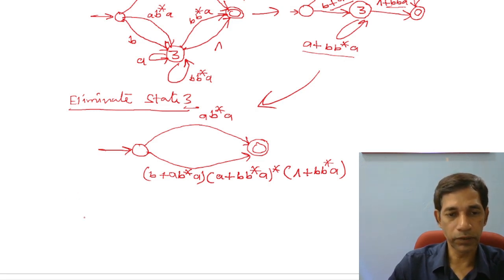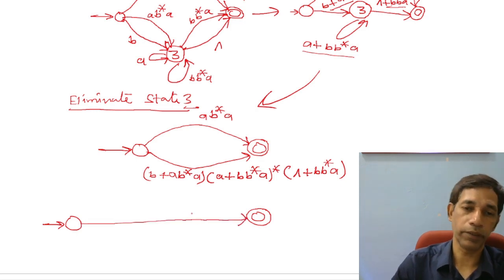Once you unify them, we have this initial state, and then we have this final state, and from the initial state to the final state we have only one direct edge.